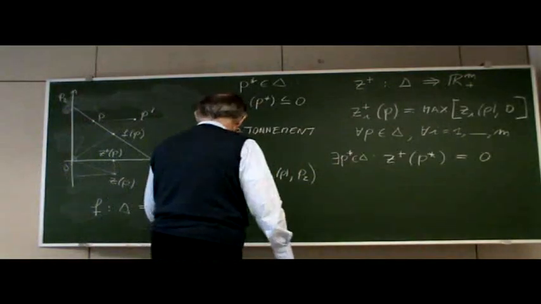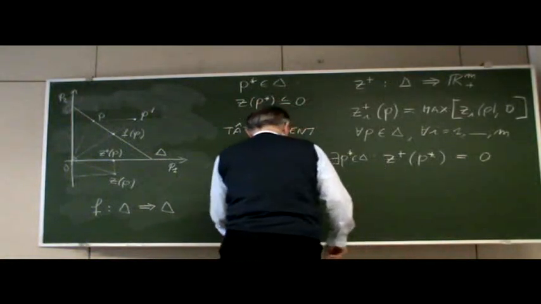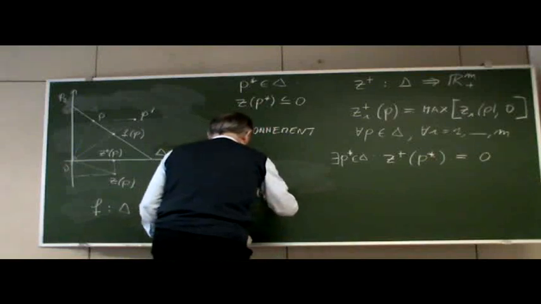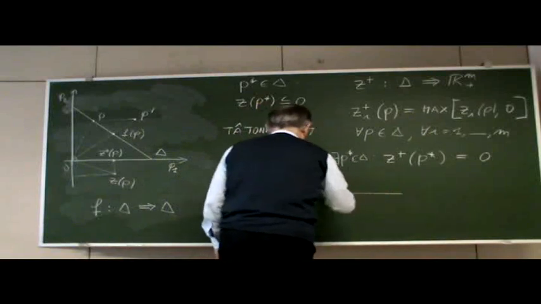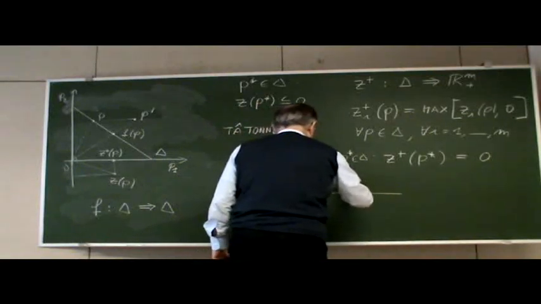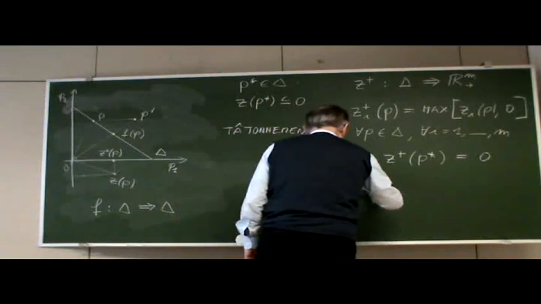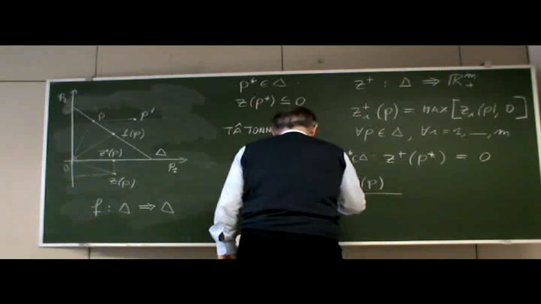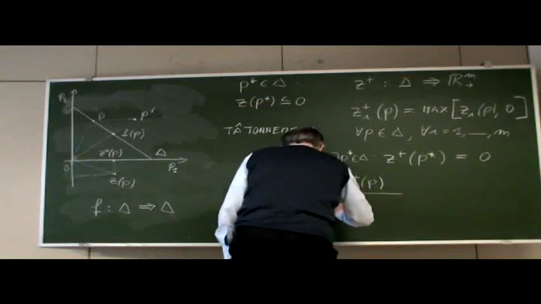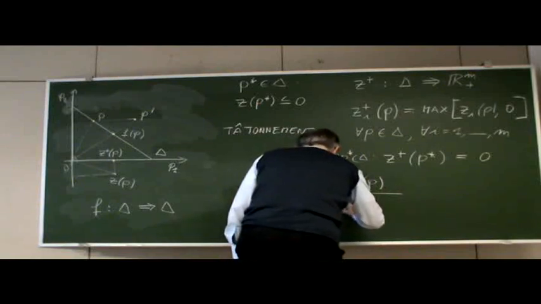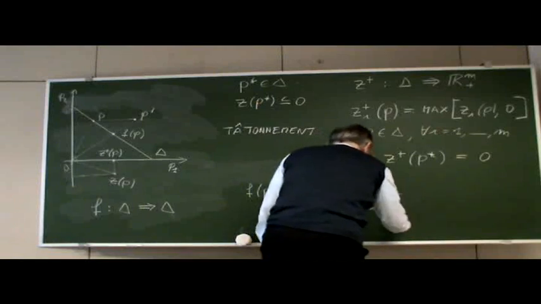To be precise, f is defined in the following way. f of p is defined as p plus Z plus of p, over the sum for i which ranges from 1 to n of p i times Z plus i of p.